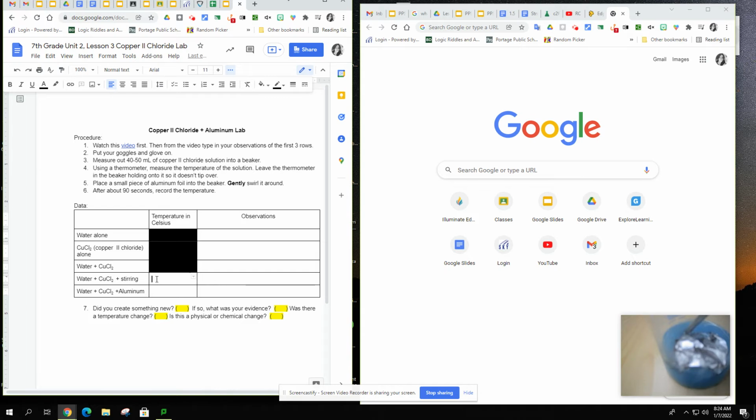A couple things that we are noticing right away is it is starting to form this little black substance. There are a few bubbles. I don't know if you can hear them, but you can see them.